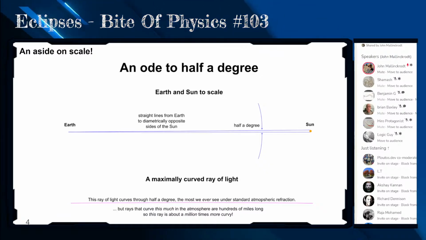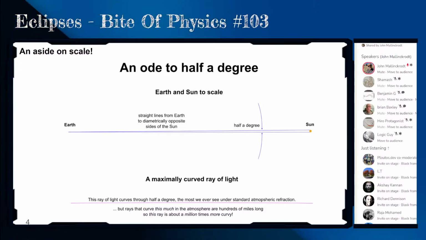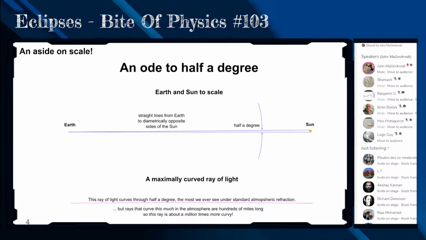If you take a penny and hold it 100 penny diameters away from you, that'll be a half a degree. You won't be able to do that yourself, because your arm isn't long enough, so you'll have to have somebody else do it for you. But when you do that, you can hold it up and it will just cover the sun.